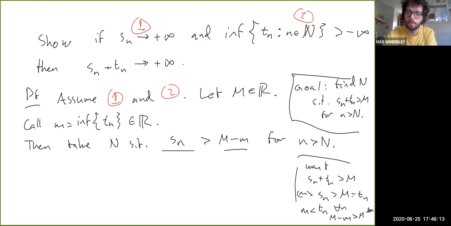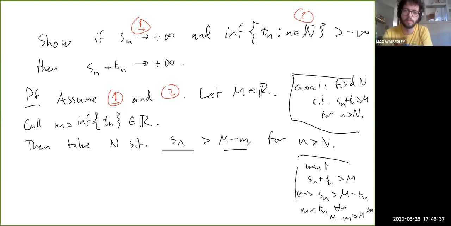But does that make sense to you guys? You just have to think about the worst case scenarios, which are when Tn gets really negative. It makes sense if you look at this expression: if Tn is allowed to get really negative, then little m is going to be a big negative number.